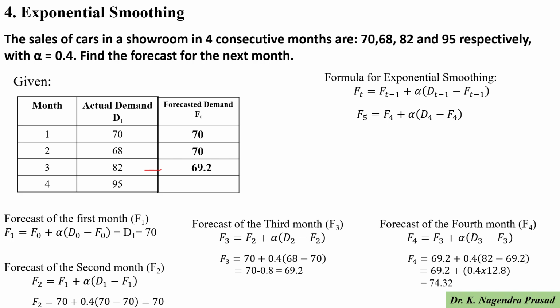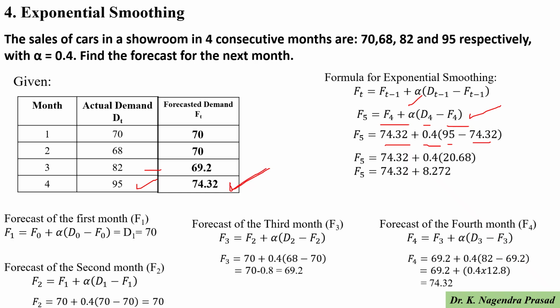Now we move to the F5 formula. Here we know F4, alpha, and D4. Substituting all the data, F5 equals the F4 value 74.32 plus alpha 0.4 into (D4, which is 95, minus the F4 value 74.32). If we do this calculation, we get the forecast for the 5th month, that is F5, equal to nearly 83.